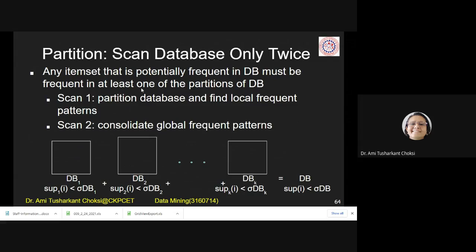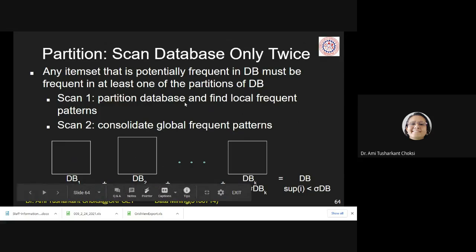Fine. So what we do is scan one partition of the database and find local frequent patterns. Scan two, consolidate global frequent patterns. Fine. We divide the database, that is we partition the database, and find local frequent patterns. Then after that, we consolidate the global frequent patterns.